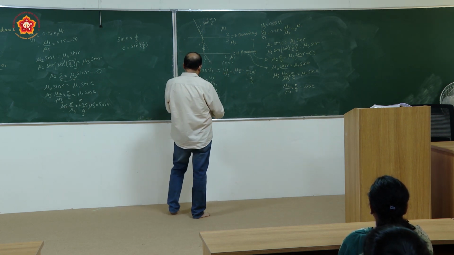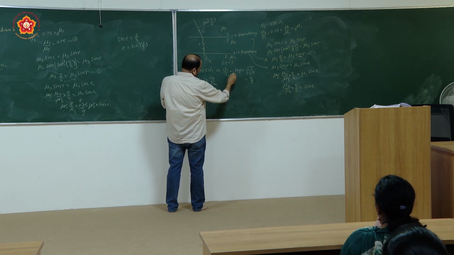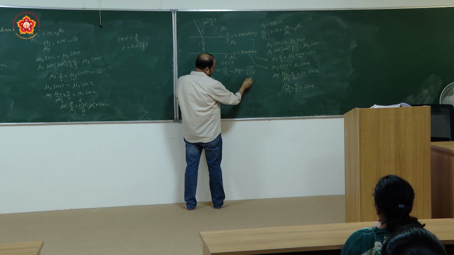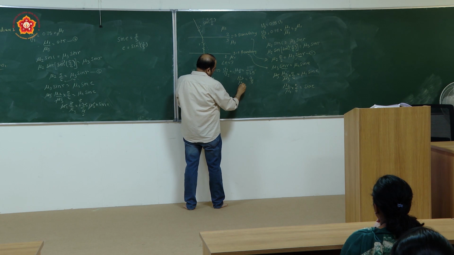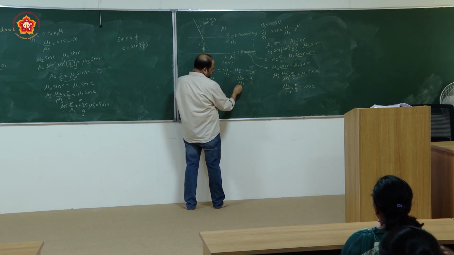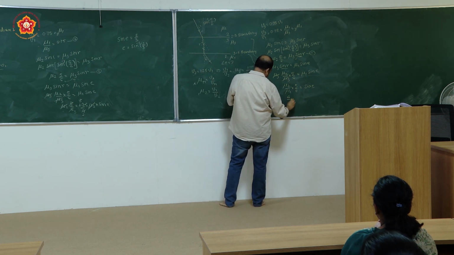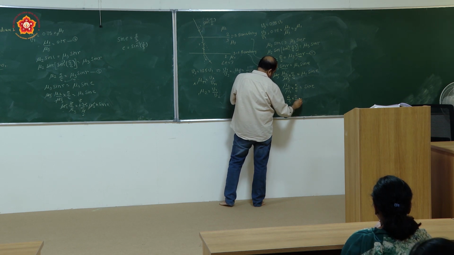Mu 2 by mu 1, ये देखिए यहाँ पर निकाला है हमने. Mu 2 by mu 1, this is actually 4 by 5. This is the meaning of mu 2 upon mu 1. Mu of second with respect to first is mu 2 by mu 1. यहाँ पर value वो डाल देते हैं, तो you will be having 4 by 5 multiplied by 5 by 6 is equal to sine of e.